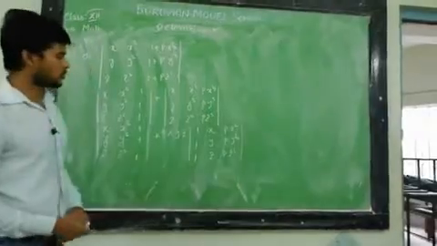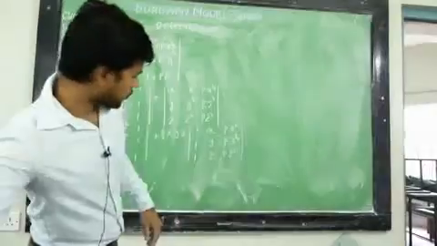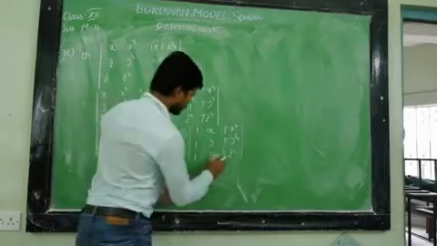Now from the third column, take p common. So if we take p common, it will be this.